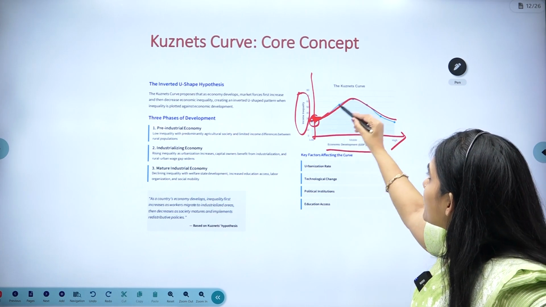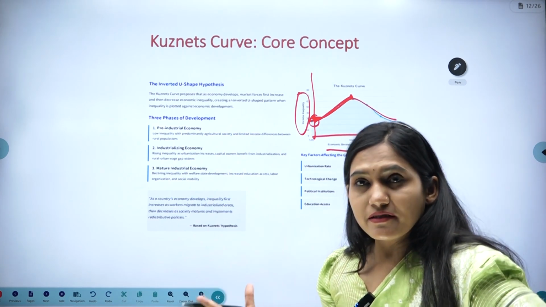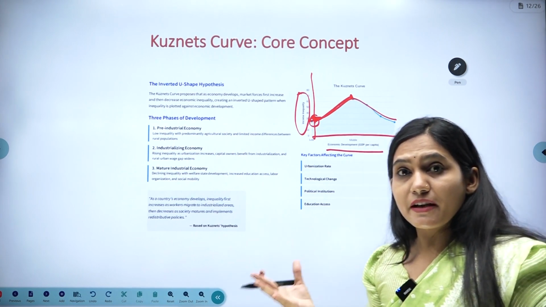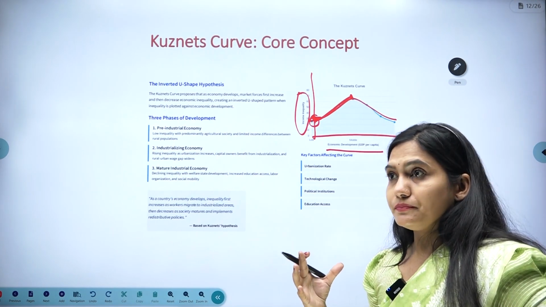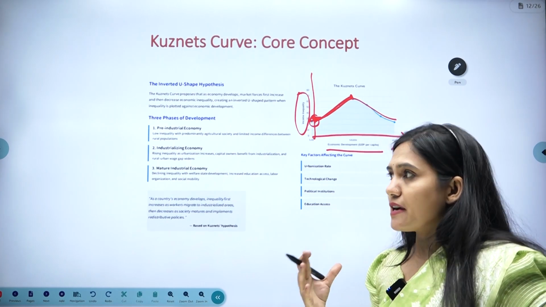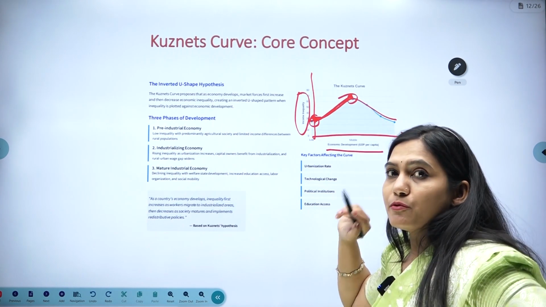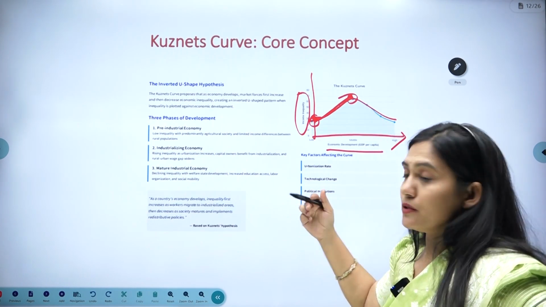But as economic development happened, what happened? The urbanization rate increased, there was an increase in wages, people started living a certain lifestyle, people started earning more money, and then the gap between rich and poor became more and more.